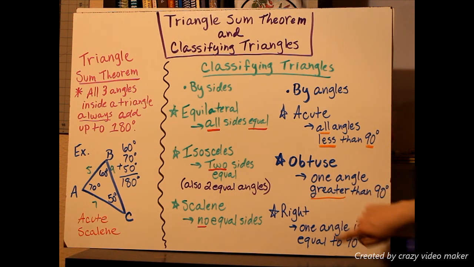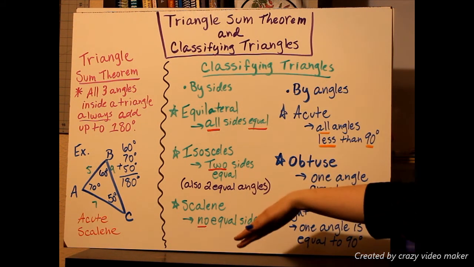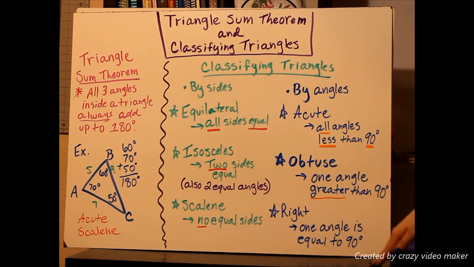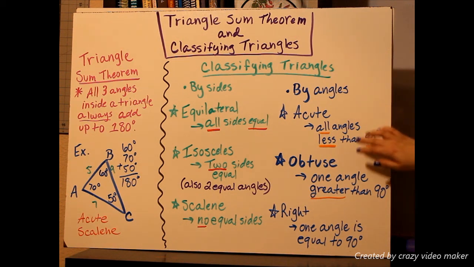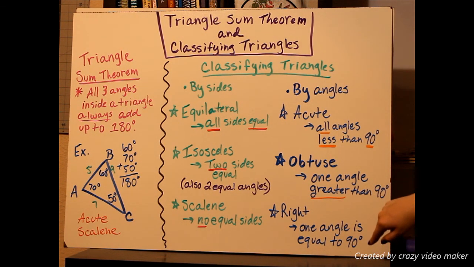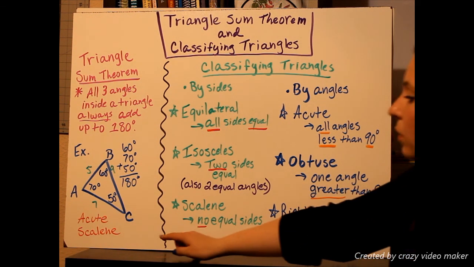And then our last one is a right triangle. And right triangles are where one angle is exactly equal to 90. So to classify triangles, you can do by their sides or by their angles. And again, you need to make sure that you write down all the descriptions for classifying by their angles as well.